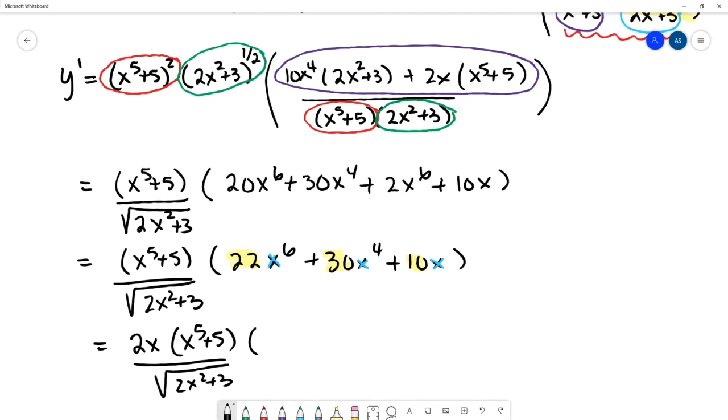And inside the parentheses, I'll be left with 11x to the 5th plus 15x cubed plus 5. So I've got my derivative being 2x times x to the 5th plus 5 over square root of 2x squared plus 3 times 11x to the 5th plus 15x cubed plus 5.